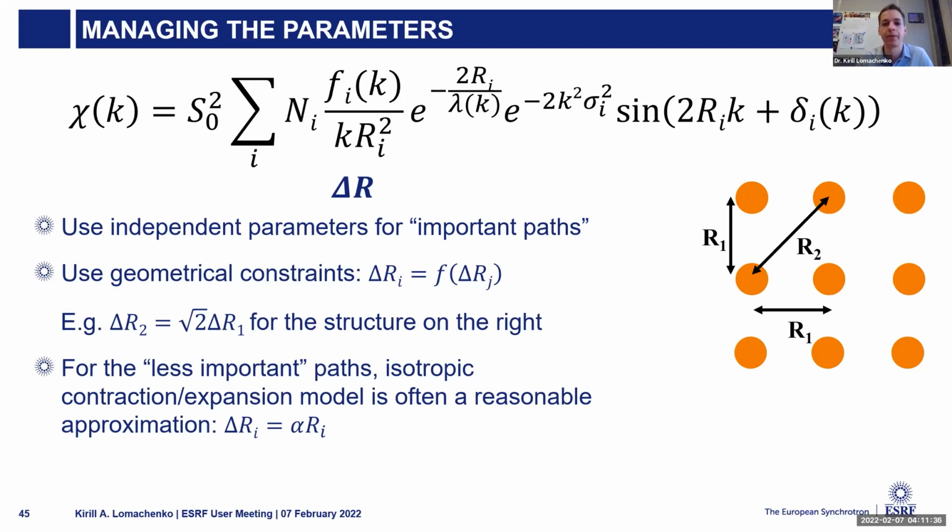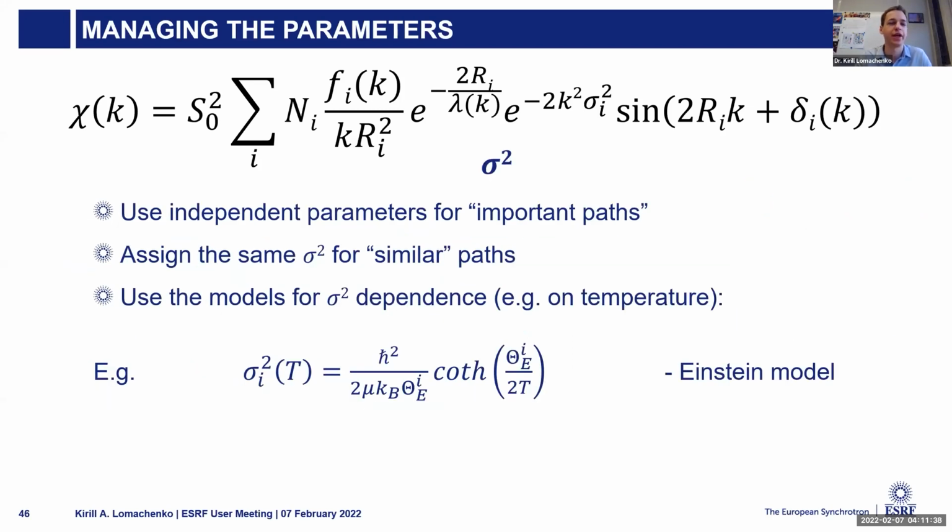For the Debye-Waller factor, again, for important paths, it's often inevitable to have the independent parameters. You can try to assign the same Debye-Waller factor to similar paths, similar in terms of bond lengths and the ligands.